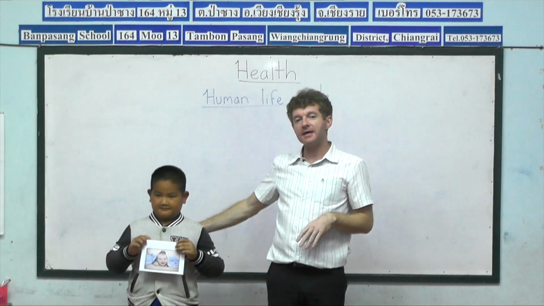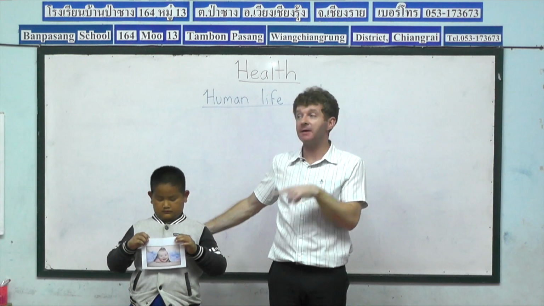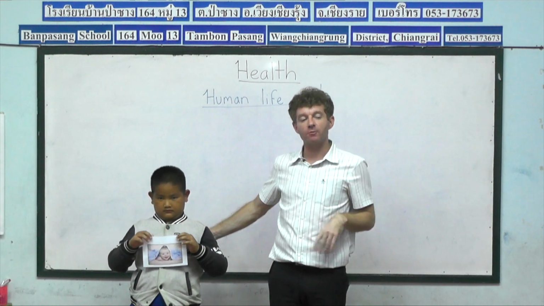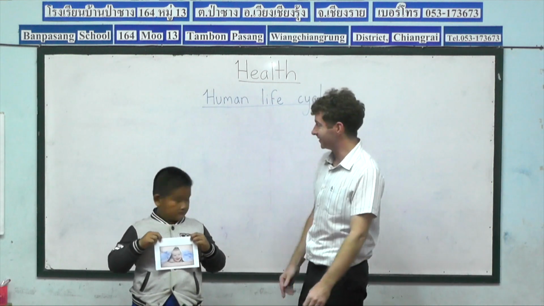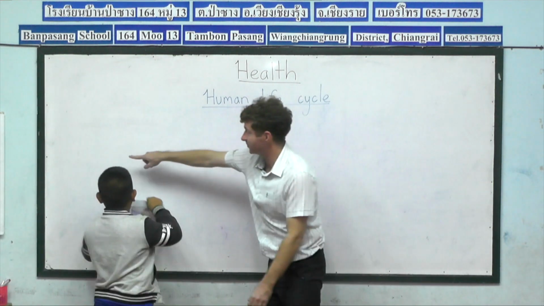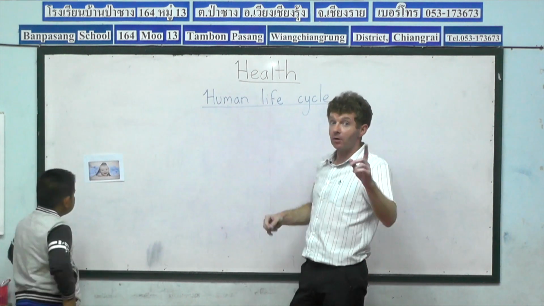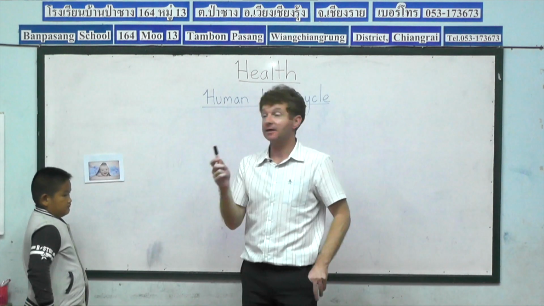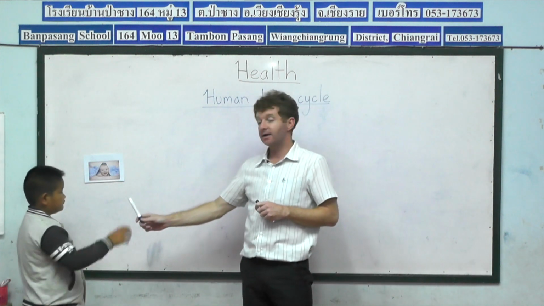What can we see here, guys? Baby. Yes, this is a baby. So what stage of life do we think the baby is at? Infant. Excellent. So Net, first thing to do is right over here, stage 1. And now we're going to help Net spell this stage of life underneath. Infant, guys.